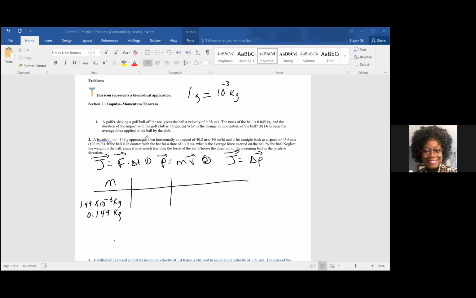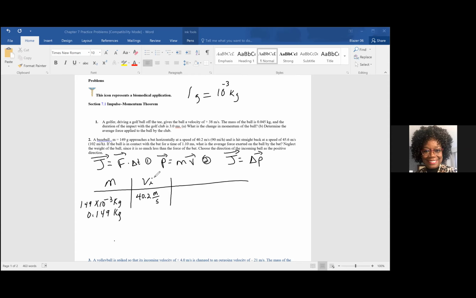Okay, approaches a bat horizontally at a speed of 40.2 meters per second. So they tell you how fast that is in miles per hour. But we're going to keep our SI units. So we have 40.2 meters per second. And it's hit straight back at an average speed of, now this is what's important.